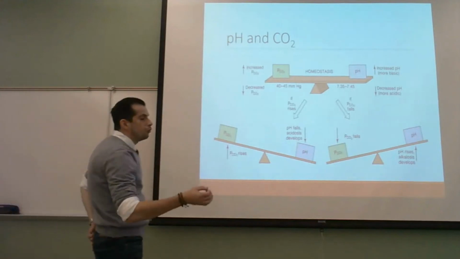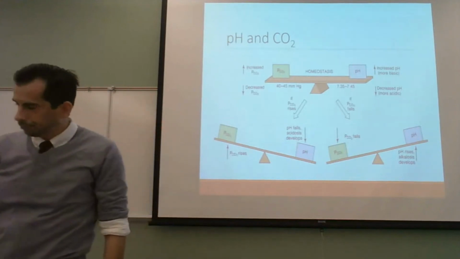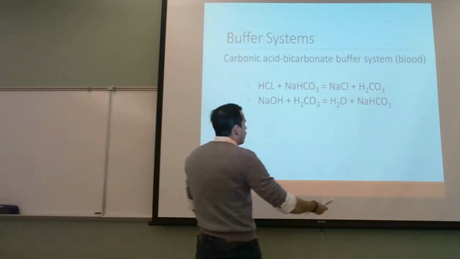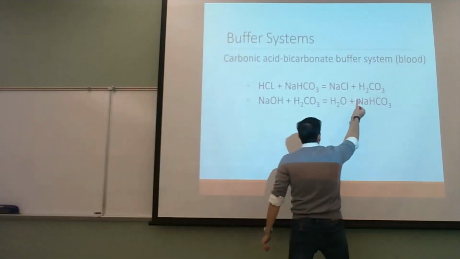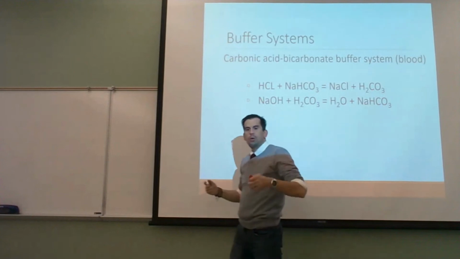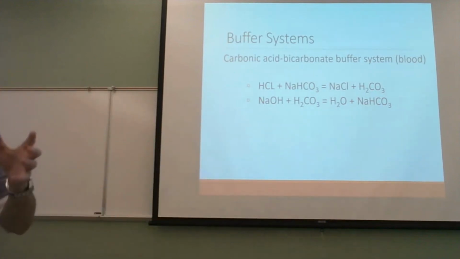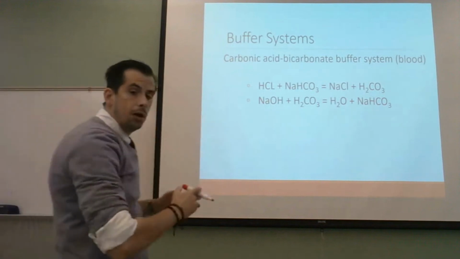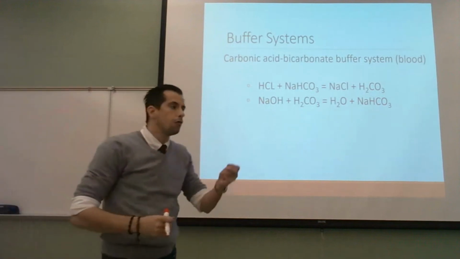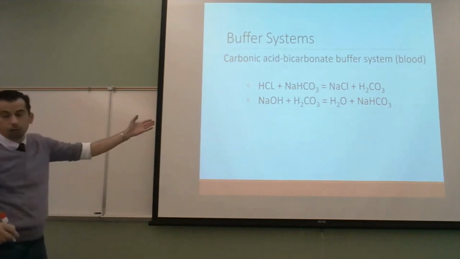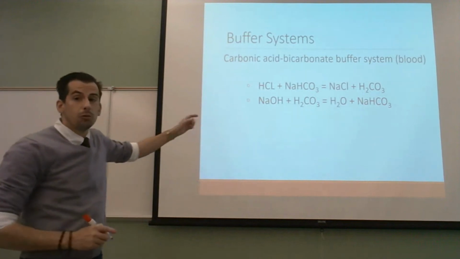Now, where we link this into respiratory is all about our carbonic acid. We said earlier that an acid has to be a chemical that when added to water gives off free hydrogen ions. This is called carbonic acid, so it had better do that, right?